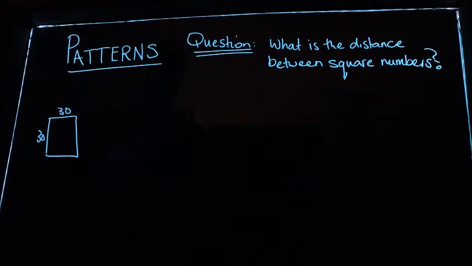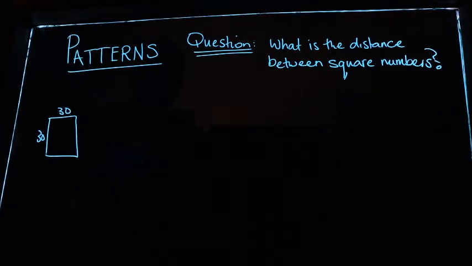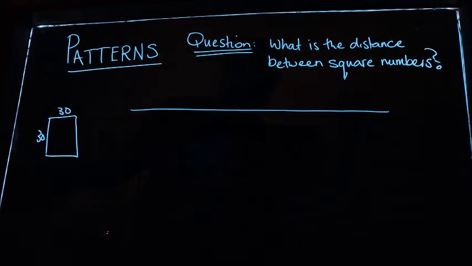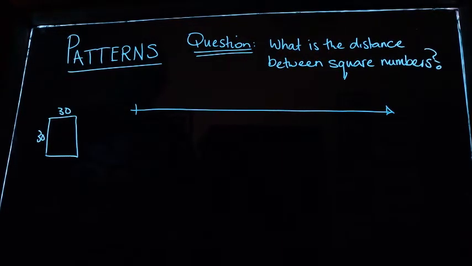So we've got a question here: what's the distance between the square numbers? We've done a lot of work to help us out to start that off, but let's just play a little game here where we've got 30 squared. That's where we're going to start, and that's equal to 900.